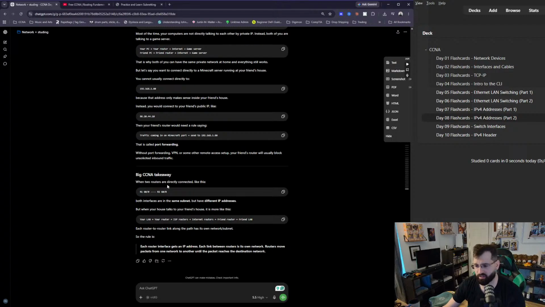Okay, so here's the big takeaway. When two routers are directly connected like this, both interfaces are in the same subnet but have different IP addresses. I guess that makes sense, because my router in my house is not going to be directly connected to anybody else's router in anybody else's house. So therefore, it's going to go through the ISP by default.